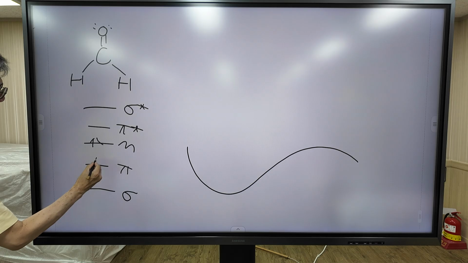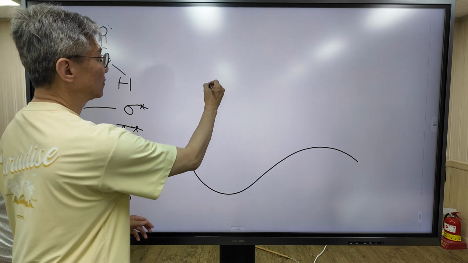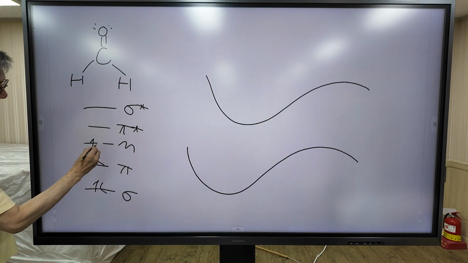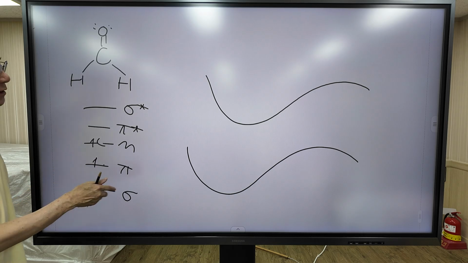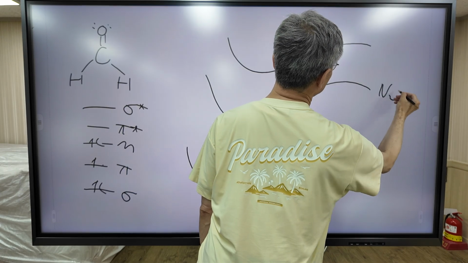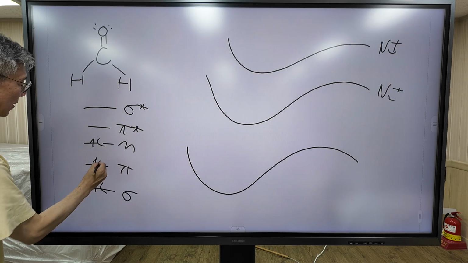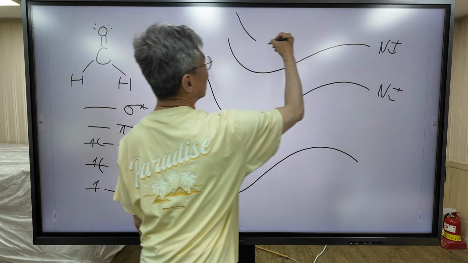Electrons occupy up to the non-bonding orbital. When the non-bonding electron is removed, the potential energy curve looks like this. When the electron in the pi orbital is removed, the potential energy curve looks like this. And when the electron in the sigma orbital is removed, the potential energy curve looks like this.